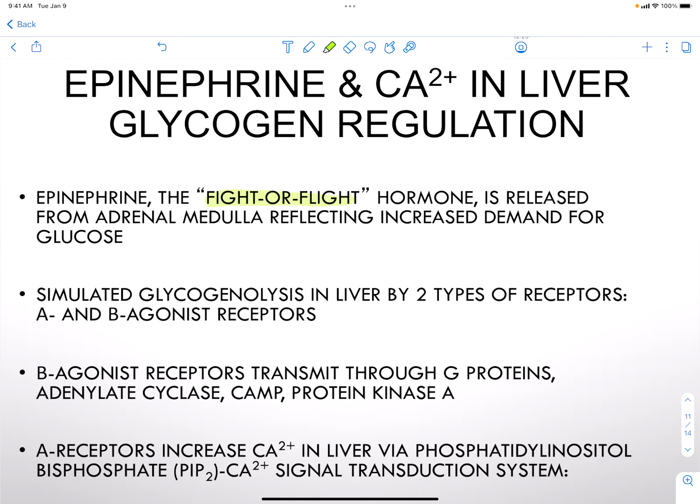So epinephrine will stimulate glycogenolysis in the liver by the alpha and beta agonist receptors. Your beta agonist receptors are going to go through that same story we've already talked about: G protein, adenylate cyclase, cyclic AMP, protein kinase A, etc. And then alpha receptors is an increase of calcium in the liver via phosphatidylinositol bisphosphate signaling transduction system.